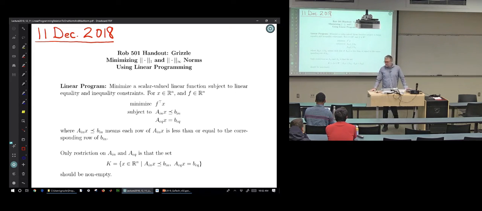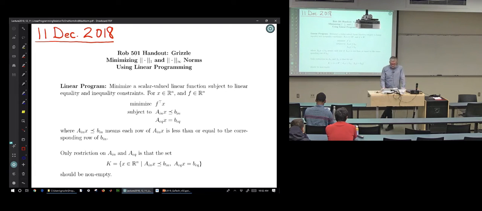Turns out there's lots of problems on graphs and things like that that people formulate that way, but it became much more interesting when it was explained to me that you could attack the one norm and the max norm using linear programs. So I thought we'd talk about that.